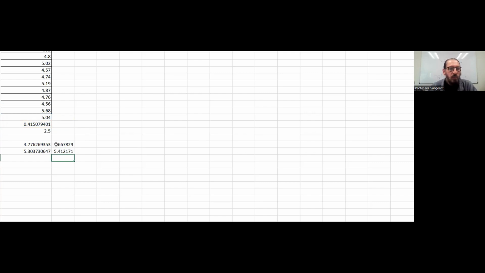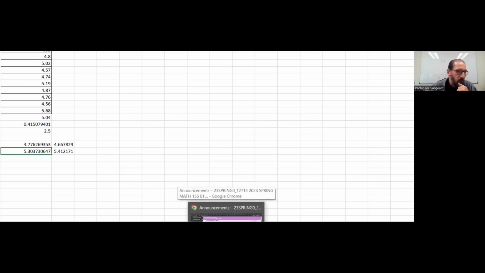So notice how this lower bound is less than this one, and this upper bound is higher than that one. As I said, the higher confidence level is giving us a larger t. That gives us a larger margin of error. It spreads the confidence interval out wider. And I'll bet they want this rounded to the hundredths place, 2 places again.